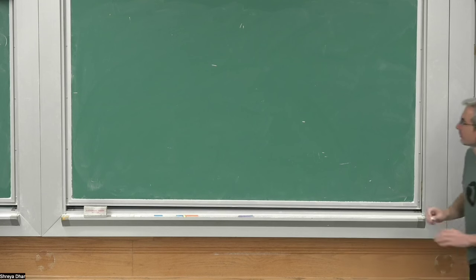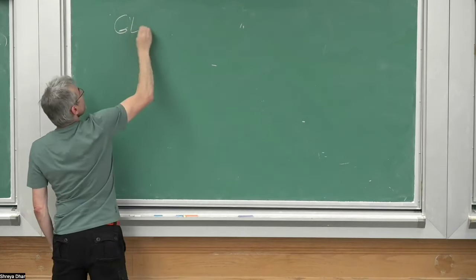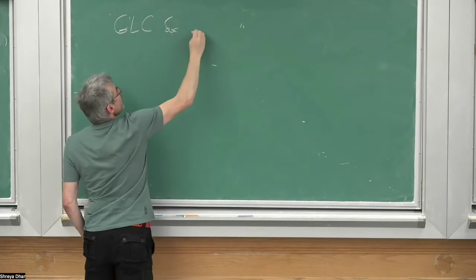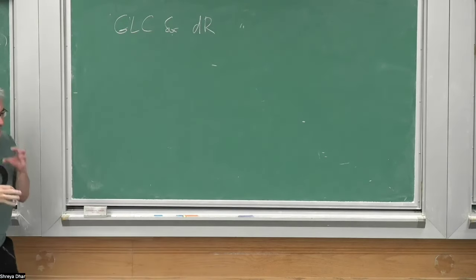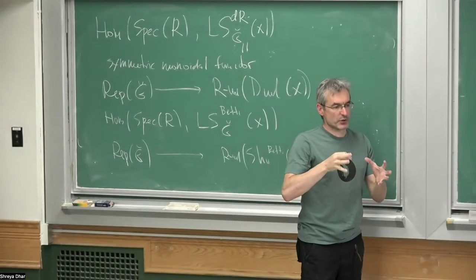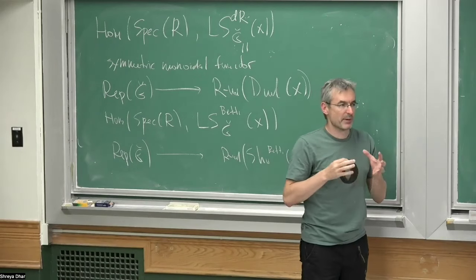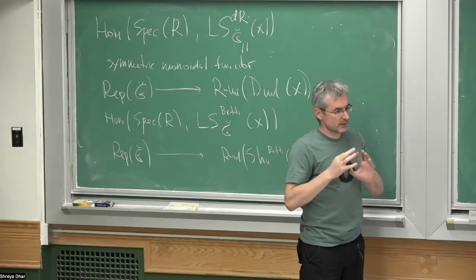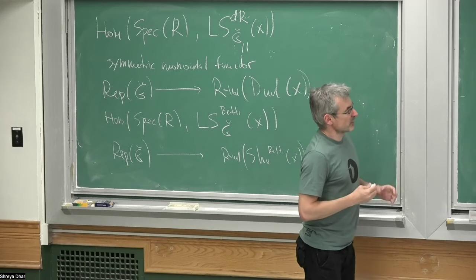So here's the logic of the proofs. We first prove GLC for the big de Rham, the first one that I wrote, and that uses heavily the machinery of D-modules. We use constructions of D-modules by generators and relations. So it's in some sense a very non-geometric proof.